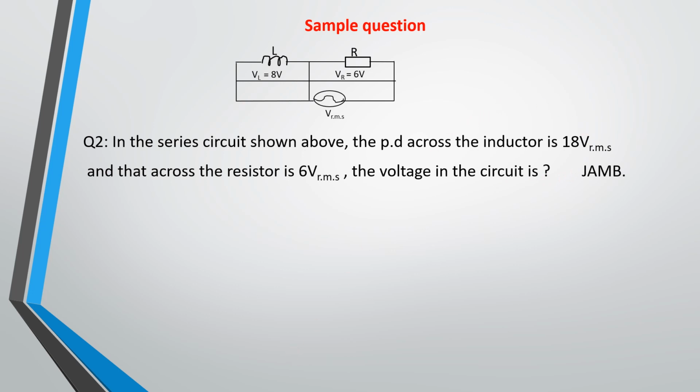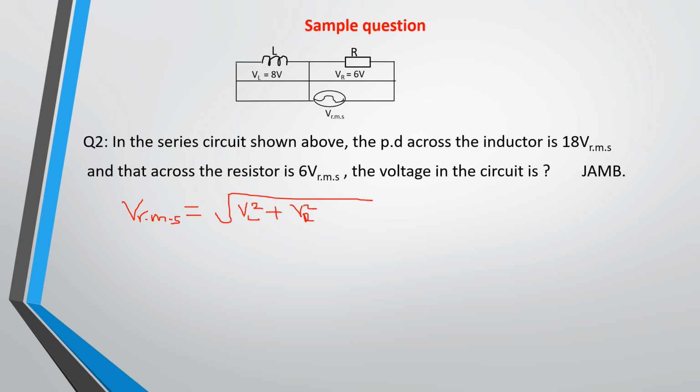Okay, so this we have already discussed before, so I'm not going to waste time on this because this is a JAMB question. So we have said that for an LR series circuit, the voltage in the system, root mean square, is equal to the square root of the sum of the squares of the voltage across the inductor and across the resistor.